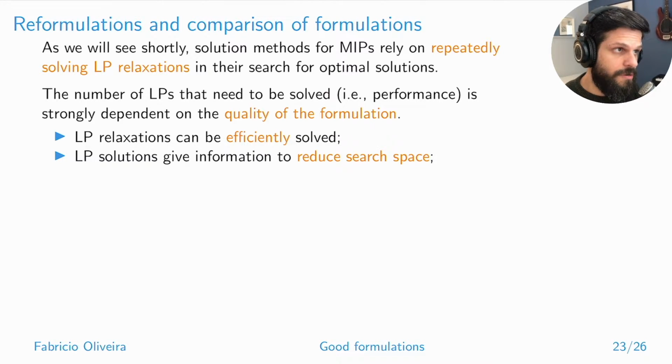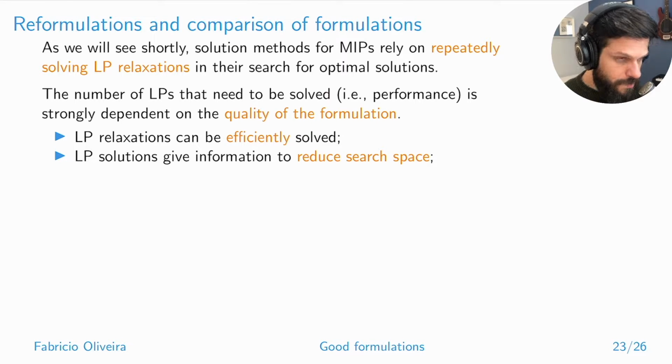That process of successively reducing the search space is done until you reach a solution that satisfies integrality. So the notion of performance when it comes to solving mixed integer programs is strongly tied with the sheer number of LP relaxations you have to solve.